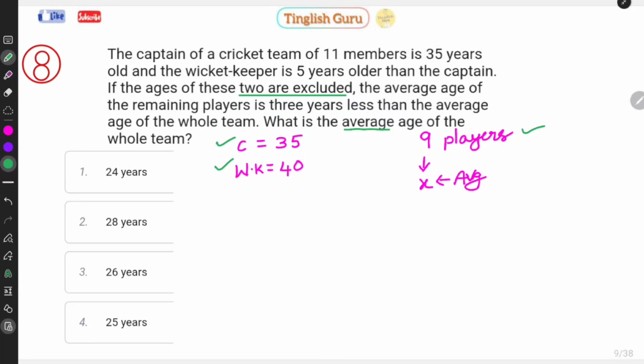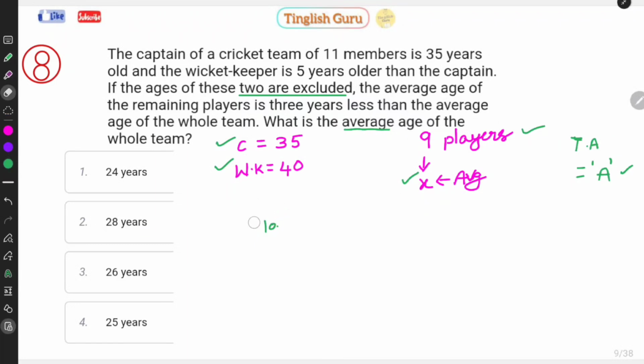Let the average age of these 9 players be X and let us assume the total average is A. Now what is the formula for average? Sum of total given values divided by the number of total given values, right?